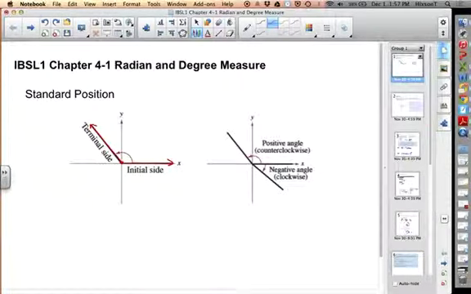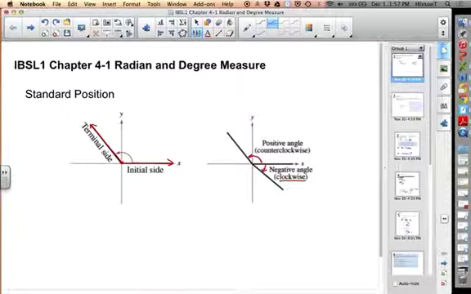Okay? If we're rotating clockwise, we're going to be going down from that positive x-axis. That's going to give us a negative angle. So that's going to be something important to recognize as we move forward as well.